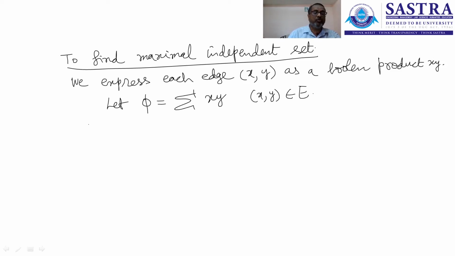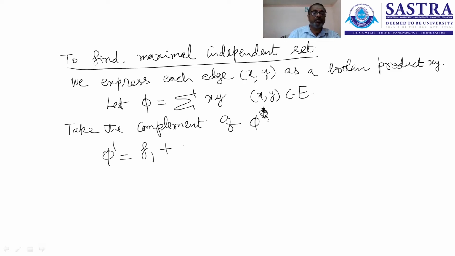And now I take the complement of phi, not phi dash. So your phi dash will be something like this: f1 plus f2 plus and so on fk.